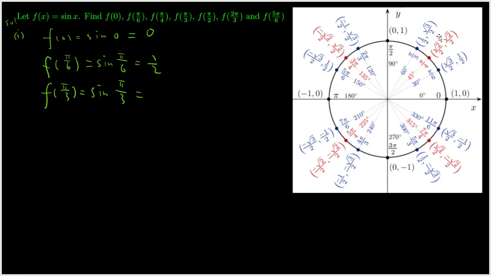Square root of 3 over 2. I'm going back to the value of the function at pi over 4. We are trying to compute sine of pi over 4. You look at the y coordinate of that point, square root of 2 over 2.